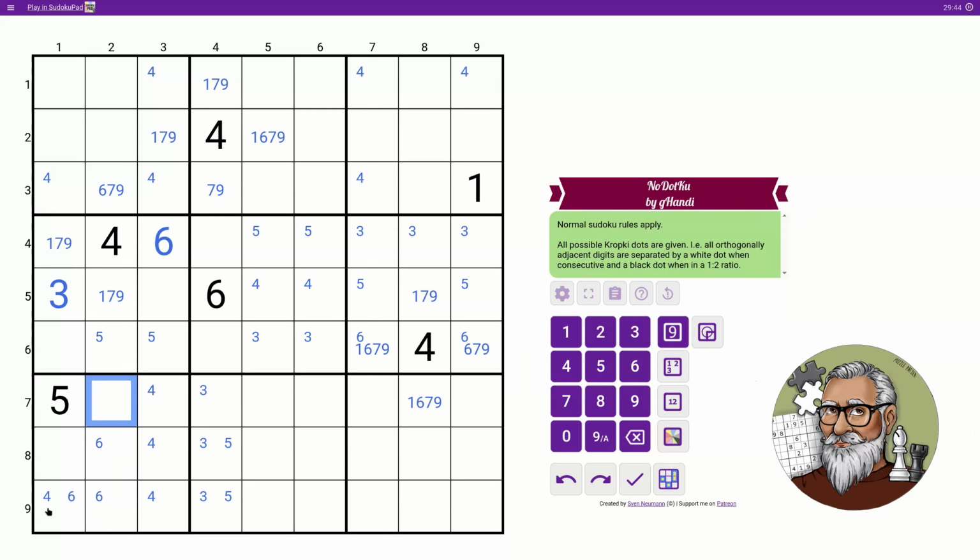Right, so if this is 3, this is 6, and this is 4. Hold on. Let's do that again. One of these is 3.